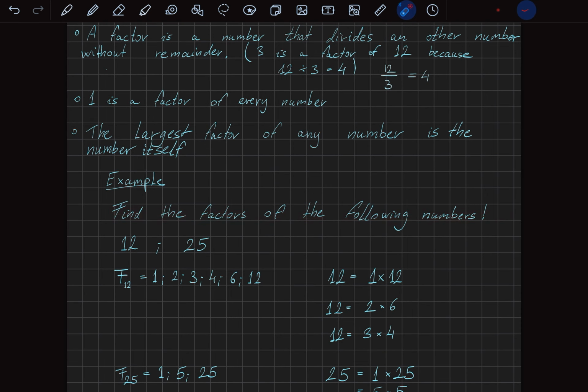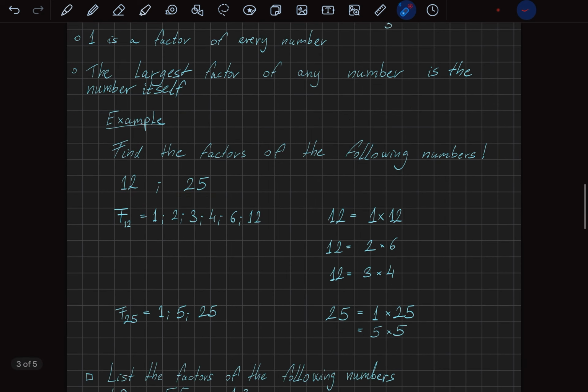Find the factors of the following numbers: 12 and 25. This is how we find them. A factor of a number, and for 12, this is the easiest method: 12 equals 1 times 12, 2 times 6, 3 times 4, and 4 times 3, and from here I just repeat. 5 times nothing, 6 times 2, 7 times nothing, 8 times nothing, and so on, 12 times 1.